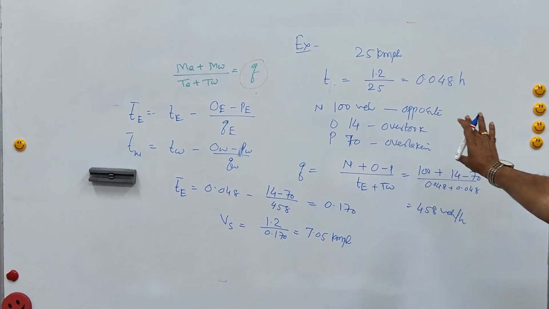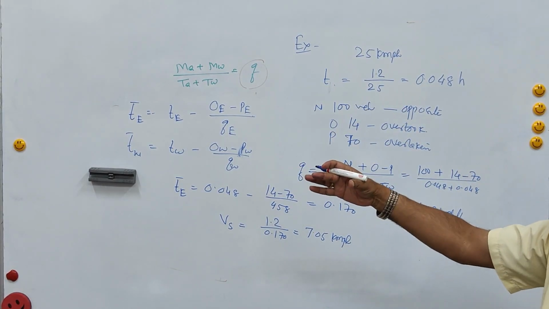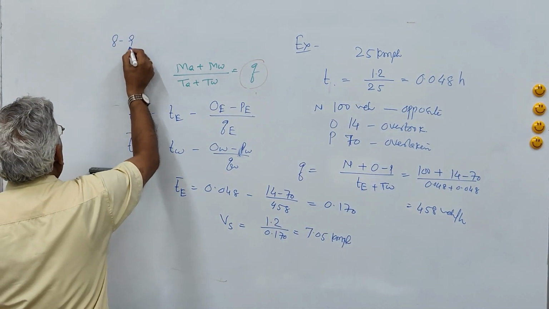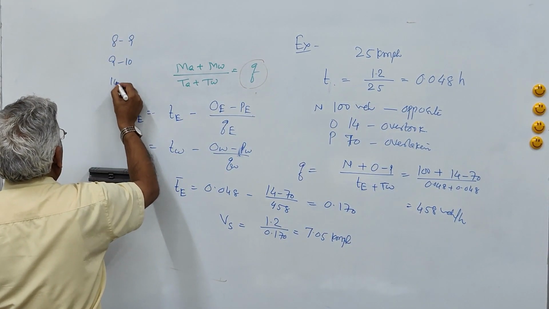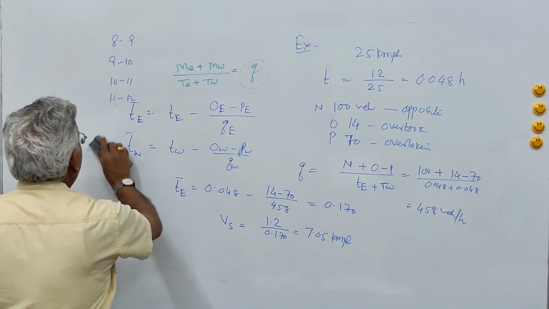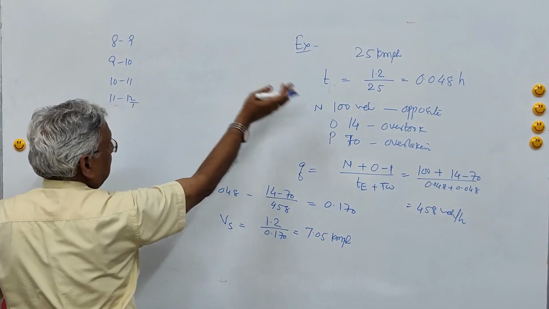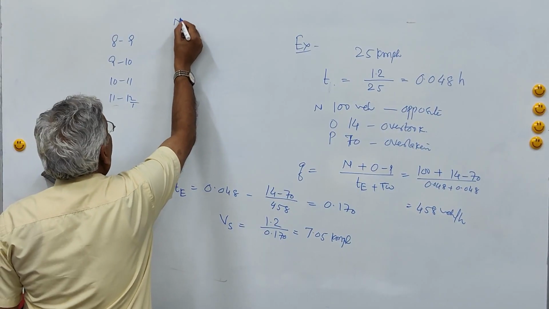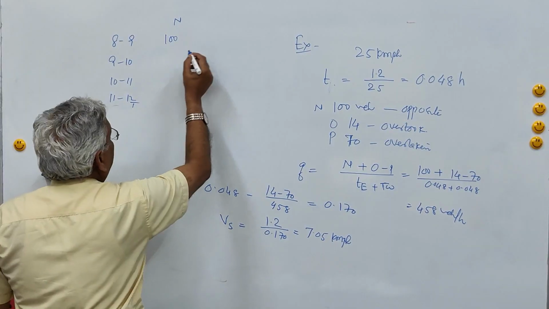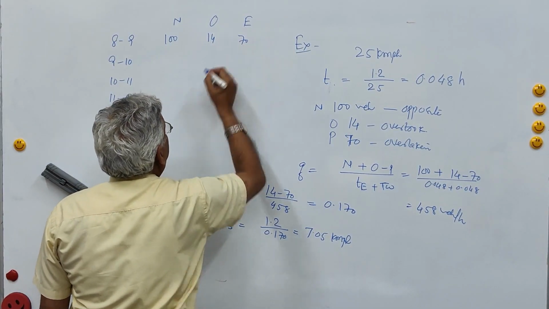Now this information you can get by collecting several sets of data. Let us say you take data on a corridor at 8 to 9, 9 to 10, 10 to 11, 11 to 12, and you get different values because the flow will be different at different times. So for 8 to 9, let us say the number of vehicles coming from the opposite direction is 100, O is 14, P is 70.